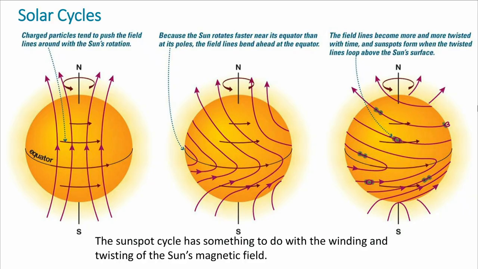So we've got a couple of videos that show what's actually happening on the sun, and then we're superimposing what we think the behavior of the magnetic field lines is to explain that behavior.